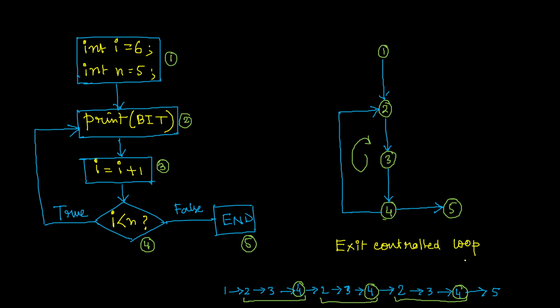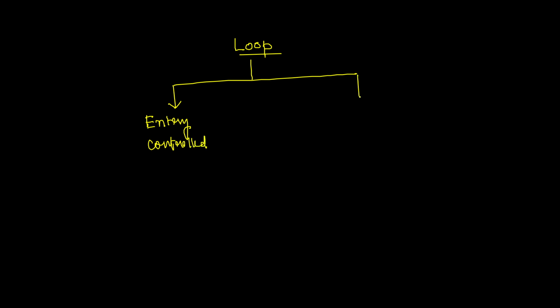Okay. So now, in brief, I can say a loop can be of two types. One is called entry controlled and one is called exit controlled. Now, what are the different types of loop we have in the C language?